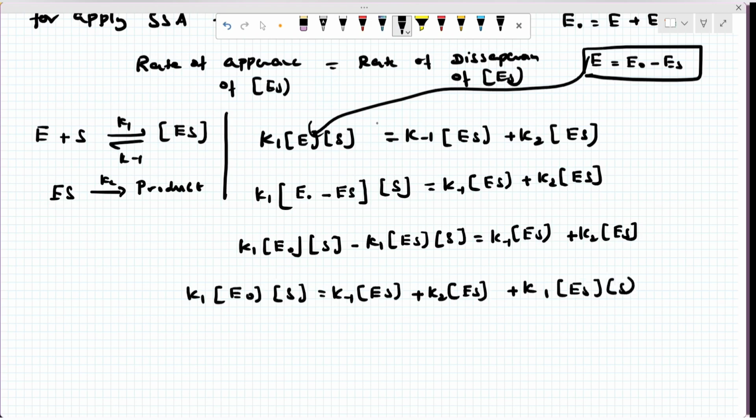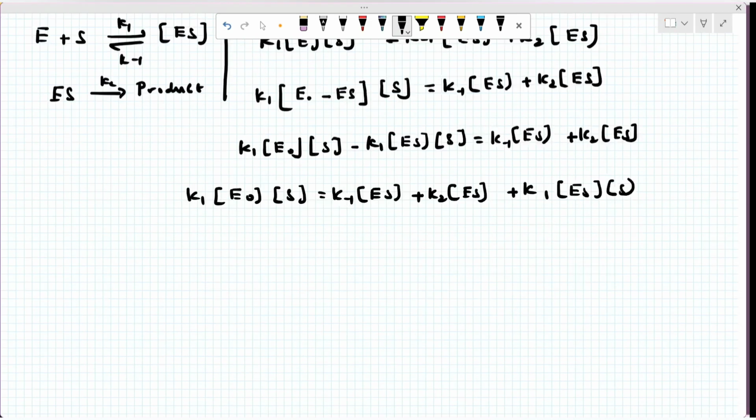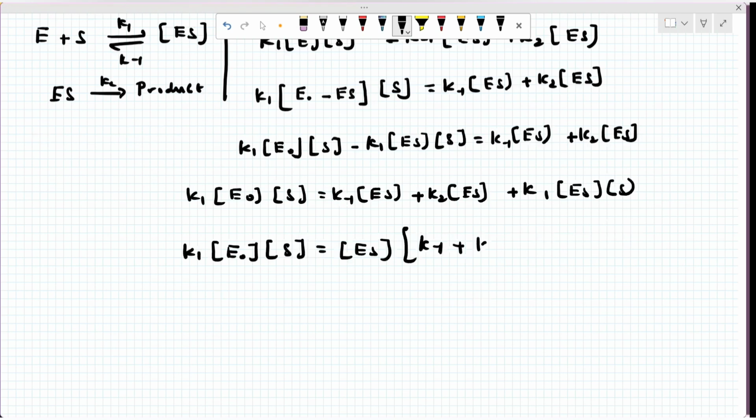Now can we take the common ES out in this equation? K1 into E naught into S equals ES times K inverse plus K2 plus K1 S. Yes or no? Now, what is the ES concentration?